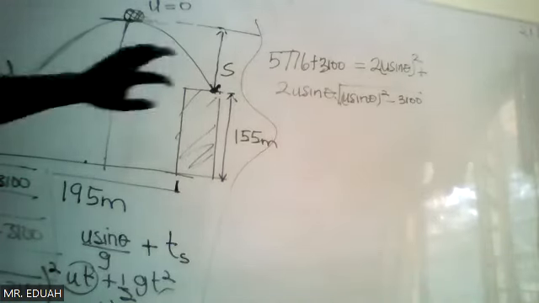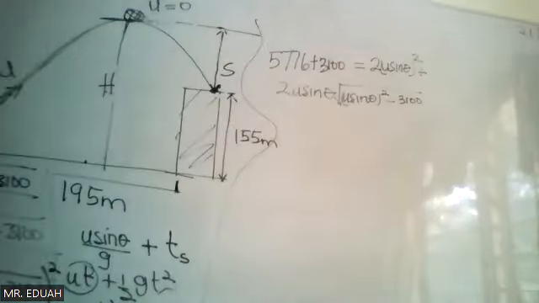Okay, let's add this and this. Add 5,776 plus 3,100.